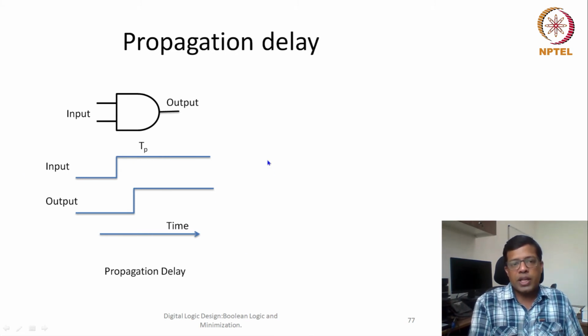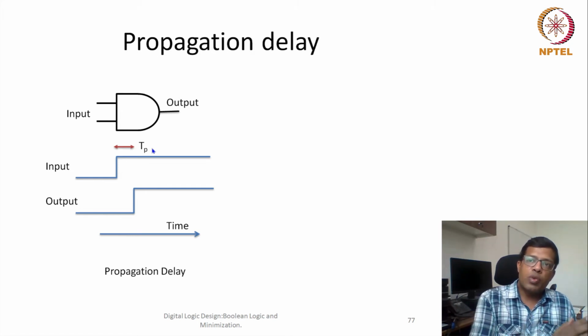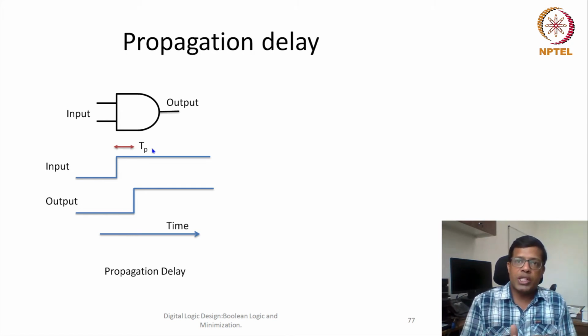So in this timing diagram we can understand that whenever the input changes, the output changes after some time. The difference between when the input changes and when the output changes is called propagation delay. Propagation means there would be some slowness.